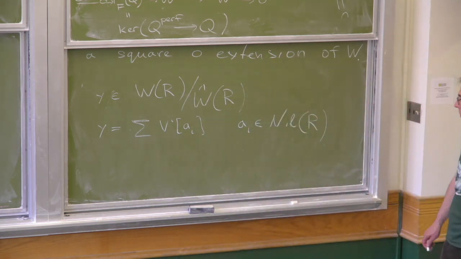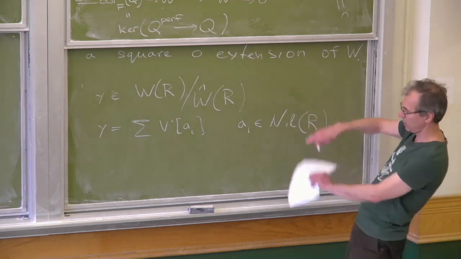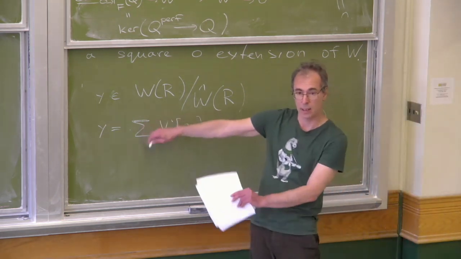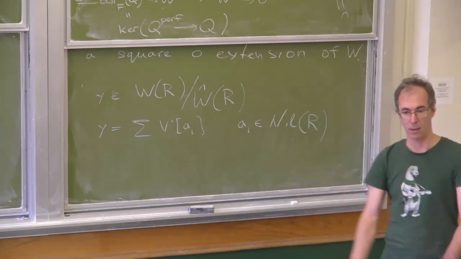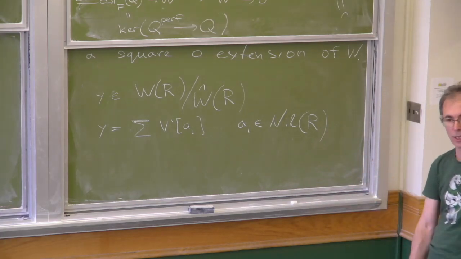So I claim that after replacing R by a faithful cover, I can assume that my y is represented by an element of this.